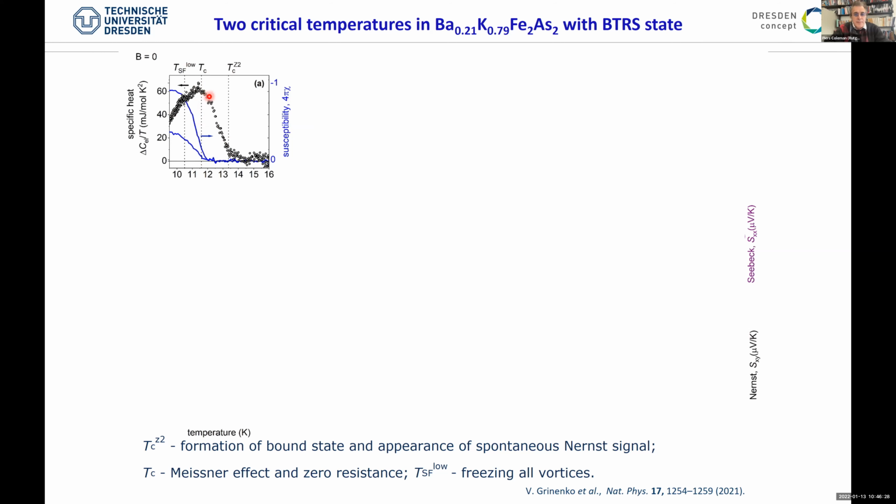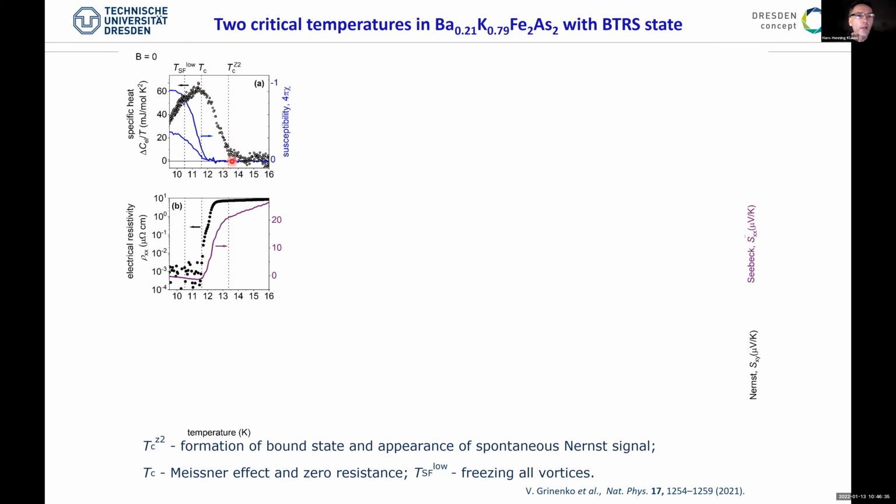Then you see that already in specific heat there is an upturn at a higher temperature. If we look at transport, electrical resistivity or Seebeck coefficient, we also see that they are already starting to fall down above TC. So there are superconducting fluctuations seen from that.